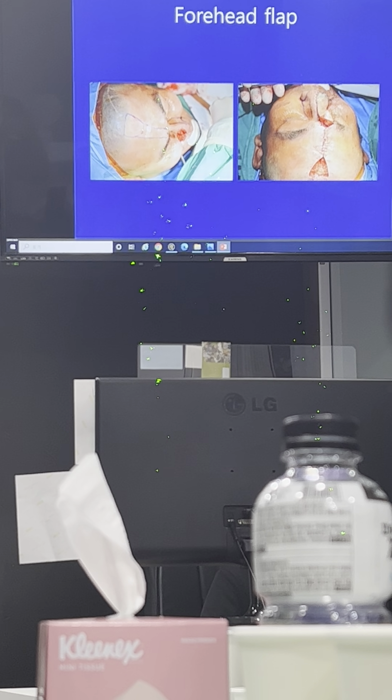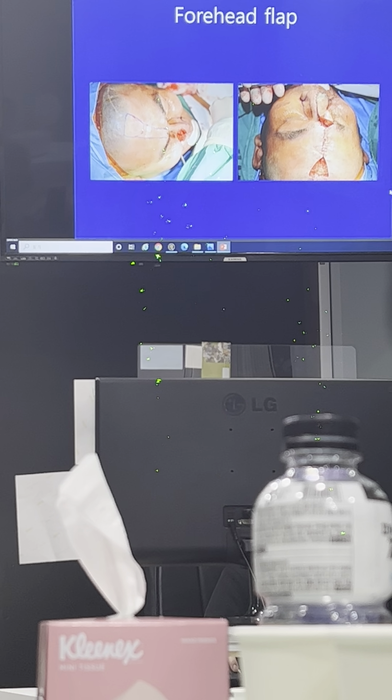You can touch the hole, there's a foramen here. This is the supratrochlear artery, 1.5 centimeters from midline and going up. You can design the forehead flap. The width is not 3, 1.5.